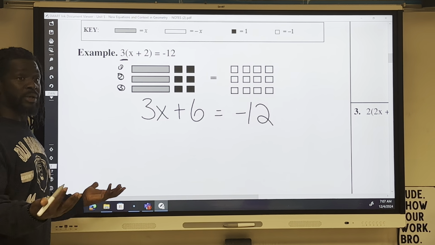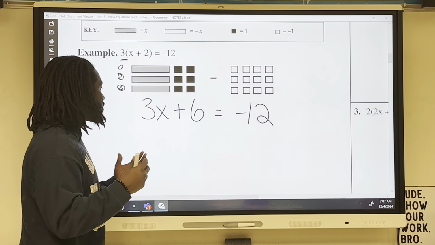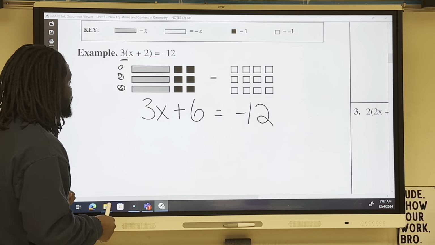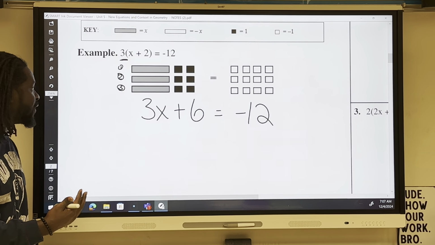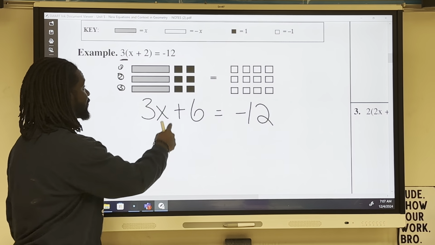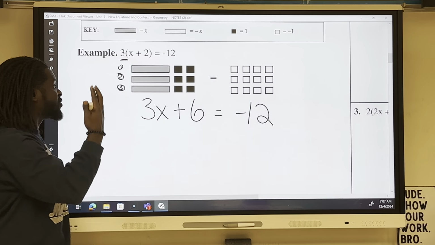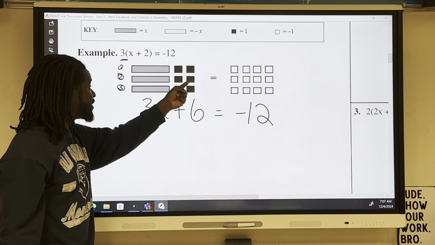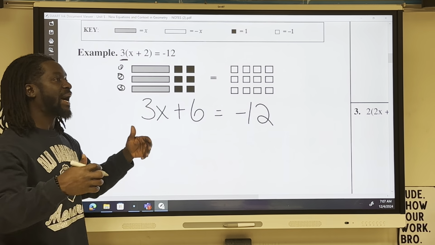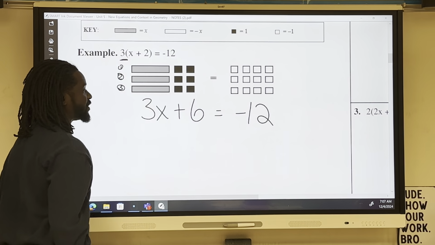So now I'm going to solve this. If I think back to how I was solving it when I had the picture, I'm trying to get the x's by itself, and to do that I had to get rid of whatever other term I had. So I've got to get rid of these positive 6. To do that, I have to add negative 6 in order to make zero pairs.